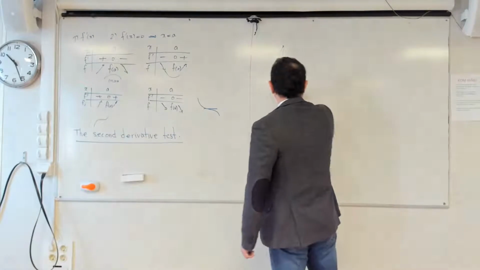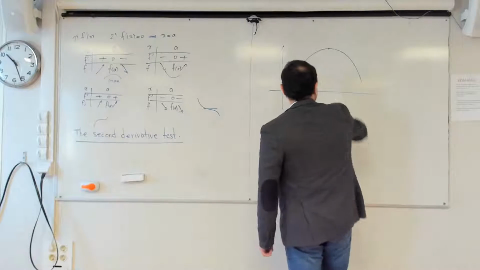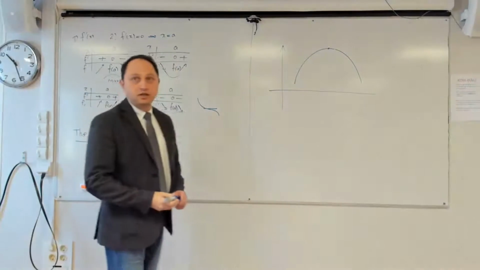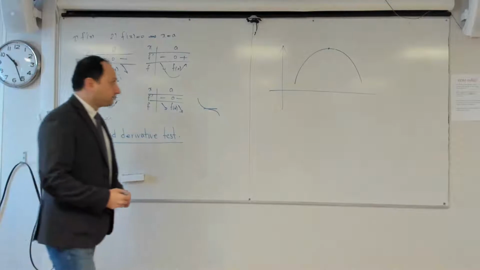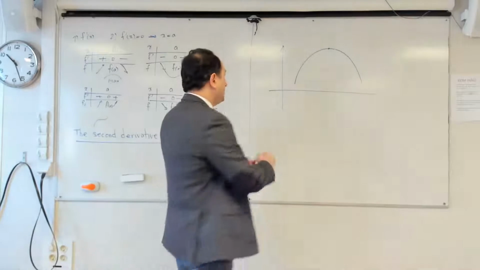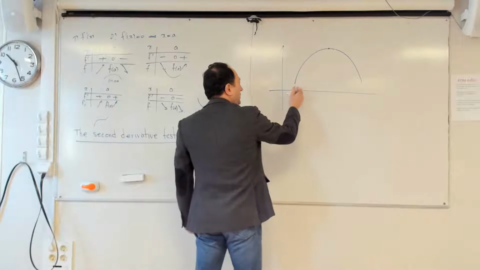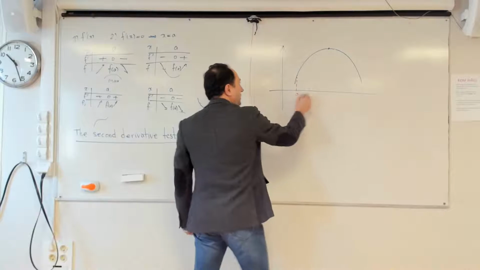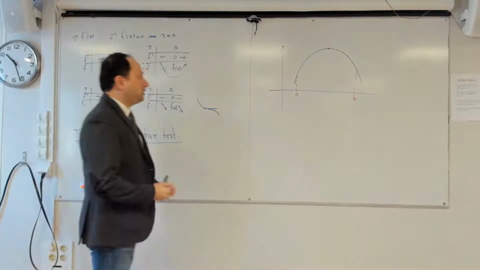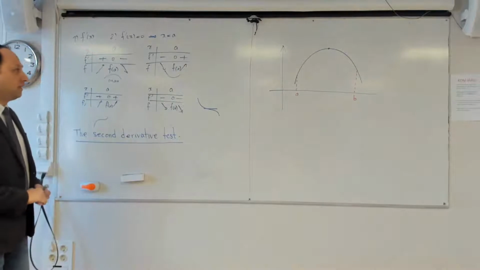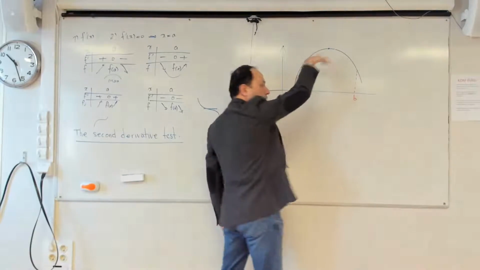So let us just discuss this situation, where I have a local maximum point here. Let us check one thing. If I am working on this interval, say from A to B, you see that this is like an upside down bowl, yes?